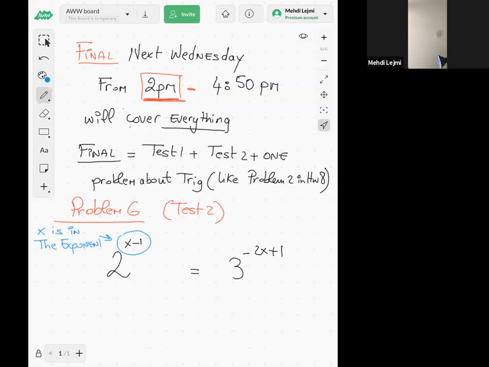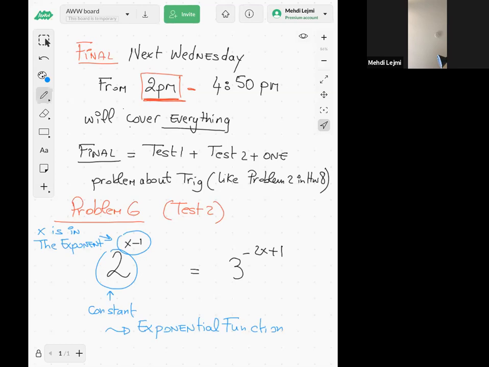So if you have an x in the exponent and you have a constant in the base, that's what I call an exponential function. So because it's an exponential function, we have an exponential equation.